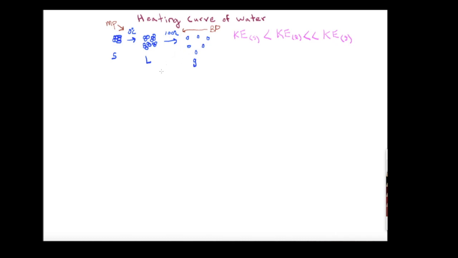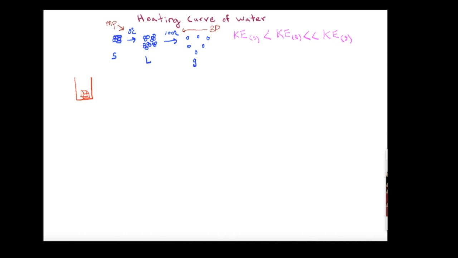Now, we're going to be working on the heating curve of water, and what I want to do first is lay down the fundamentals of how this experiment is being done. All right, so imagine that we have a beaker, and in the beaker we're going to put an ice cube that we literally have just removed from the freezer in our kitchen.